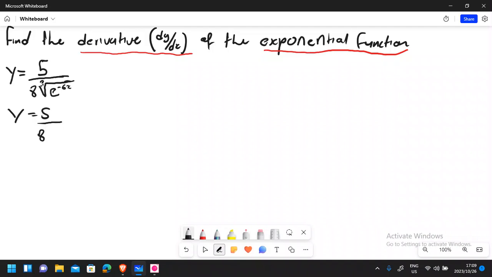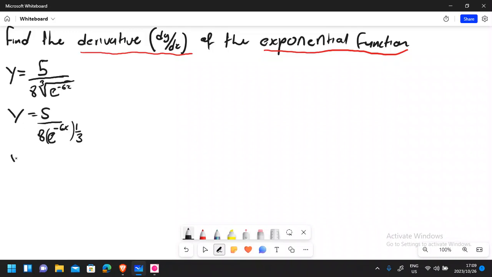Now look at this, we have the cube root there, so we can say negative e, by the way this is e, and then we have 6x. Remember, this is a cube root, so this can be 1/3. Remember, when it's a root, it's 1 over that root.